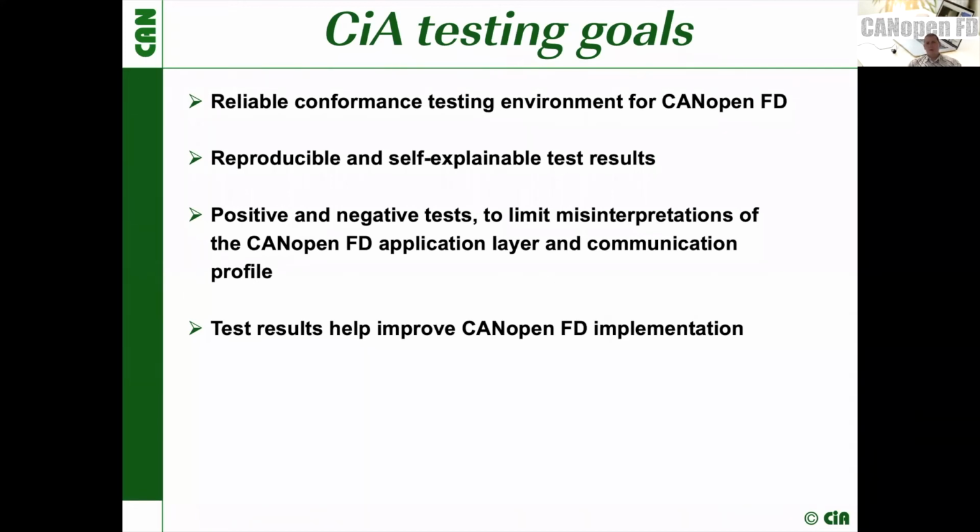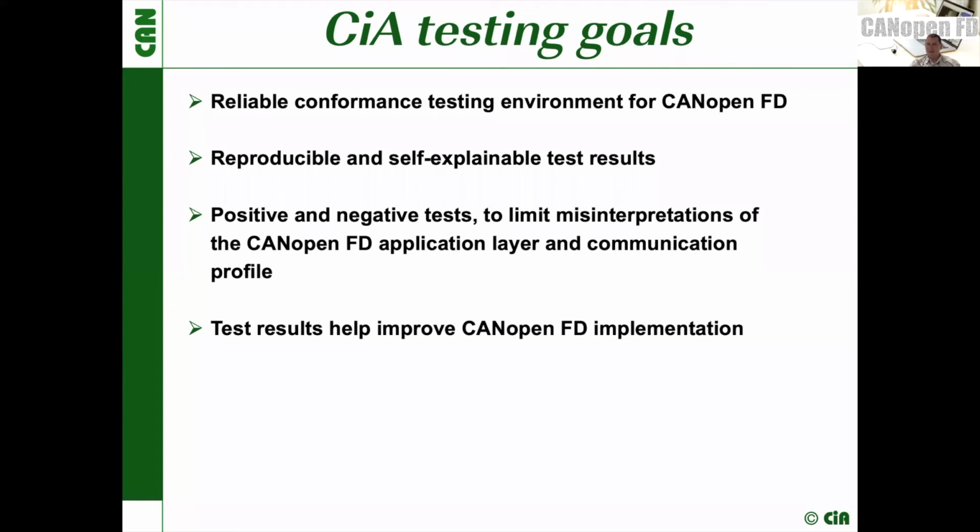What we are also doing are positive and negative tests. So we are not just evaluating, okay, this is how the request should be and is the answer correspondingly. What we are also doing is, if we deviate with our request and our stimulations from the specified way, is then the behavior of the device still correct?